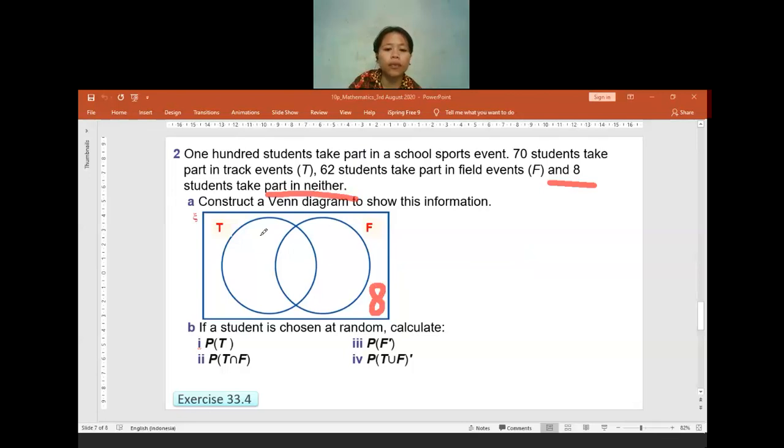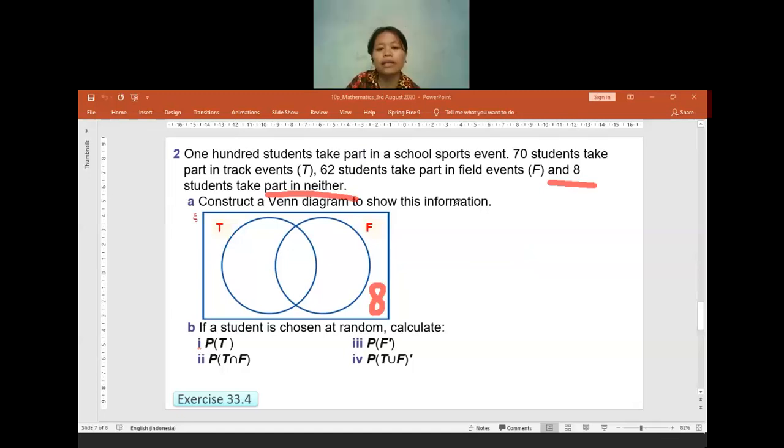They do not take the track event, and they do not take the field event either. They don't take any one of them, so they don't take any participation in the event, so we put the 8 students outside.